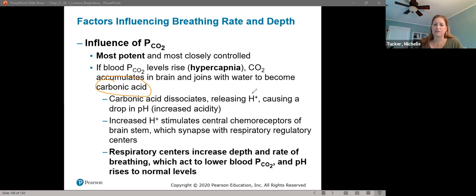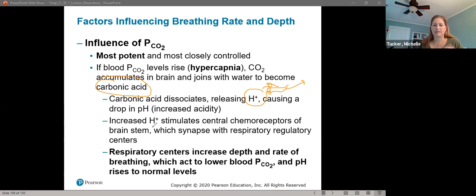Carbonic acid dissociates, releasing hydrogen ions and bicarbonate. These hydrogen ions are acidic, and chemoreceptors are free nerve endings, and they get stimulated by those hydrogen ions and send action potentials to the central nervous system.